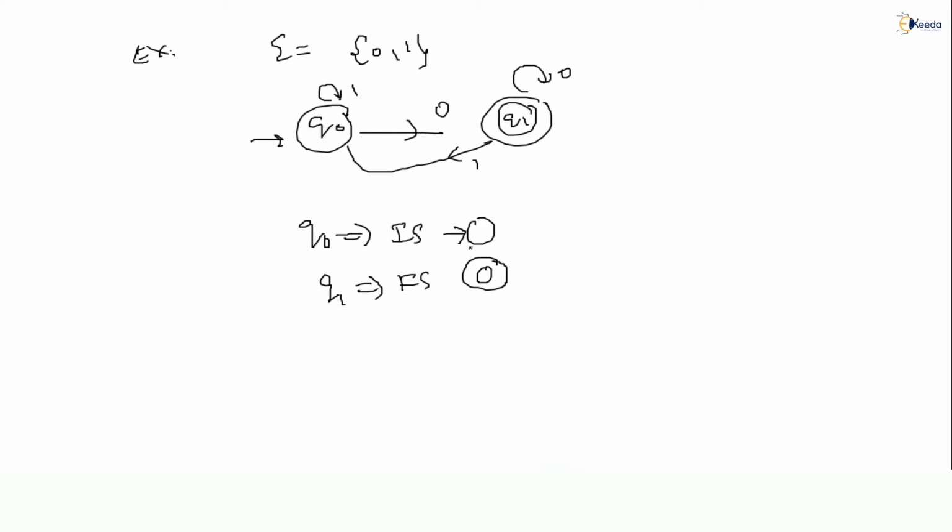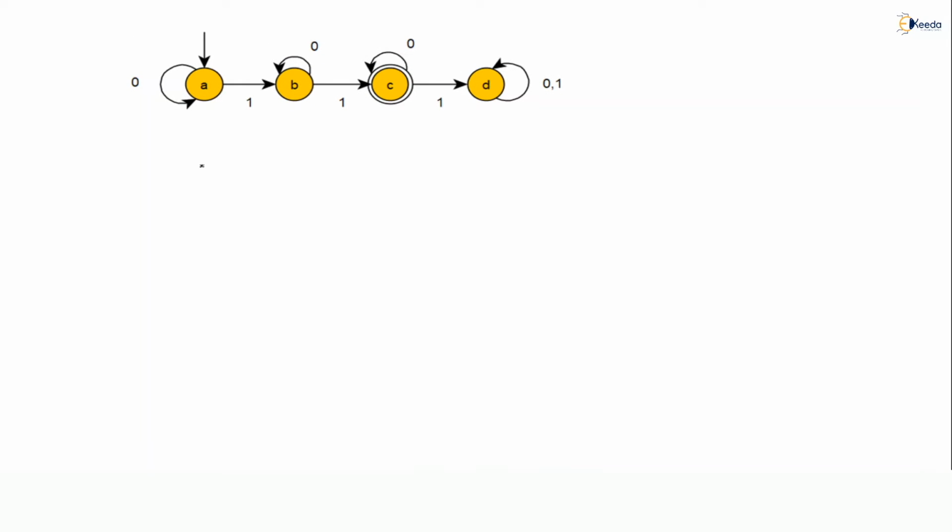One more example I can show. Now look at this, another FA I have taken. Please note this down. Here, what is A? A is the initial state. How to observe it? See, this symbol is there, with a circle, and this representation is the initial state. Now what is the final state? C is the final state.